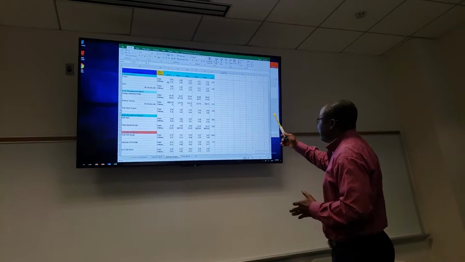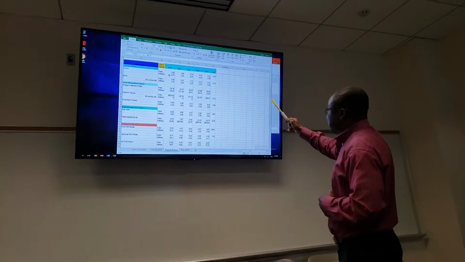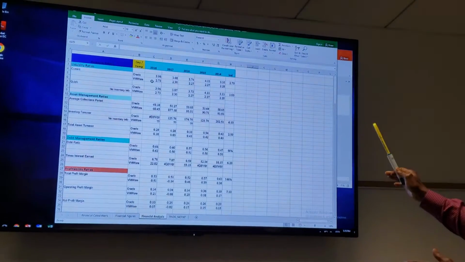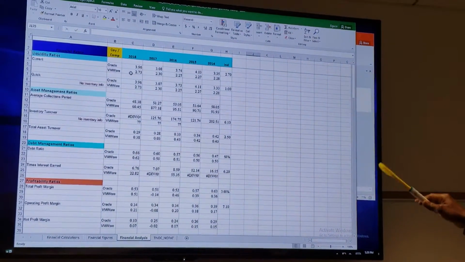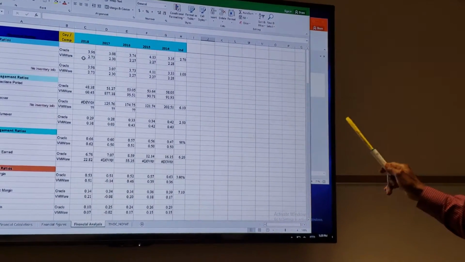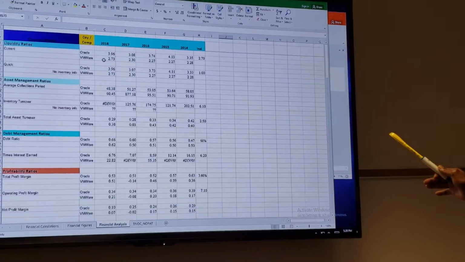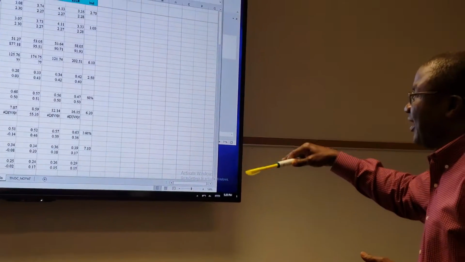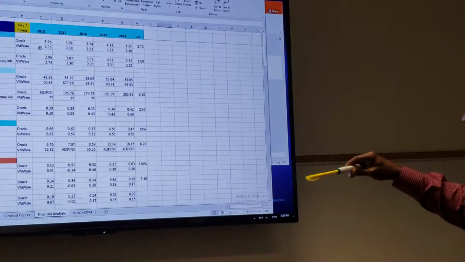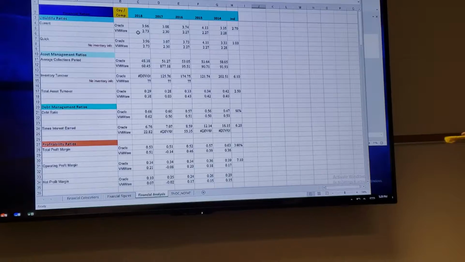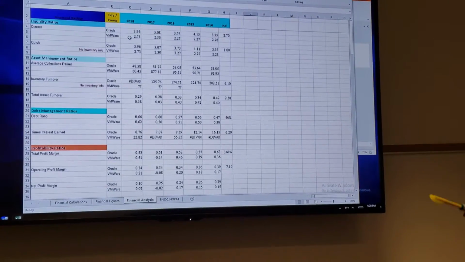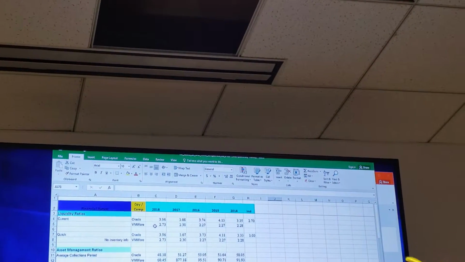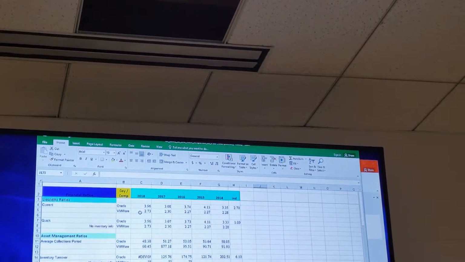Oracle, between the years 2014 and 2018, had a little bit of fluctuation in the current ratios of the company. As you can see, there is some rise and fall, but generally on average it was between a value of 3.8 and 3.9, which is higher than the industrial average of 2.7.